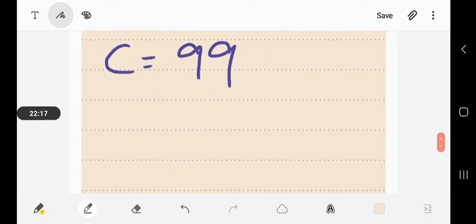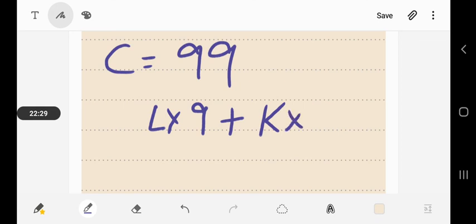How? Labor into 9 plus capital into 6 is equal to 99.